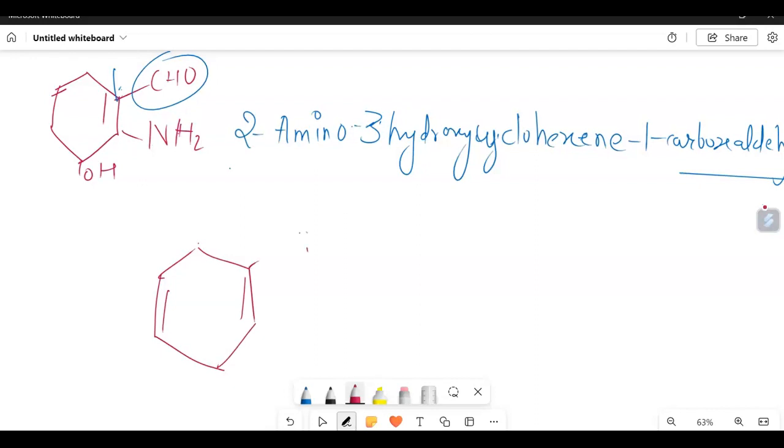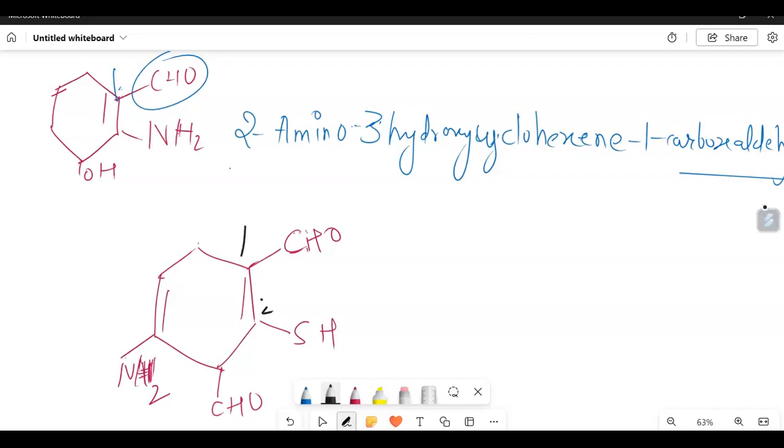There is one CHO here and there is SH, then there is again CHO, then here it is NH2. Okay, just go with it, figure out the name of this compound. At this point there is NH2.